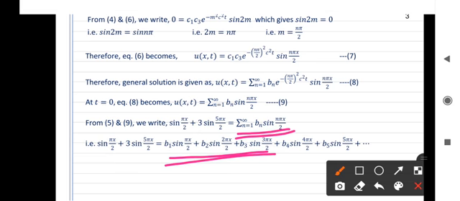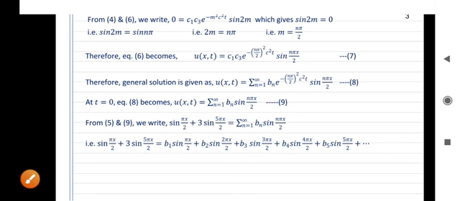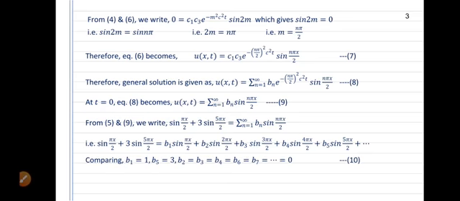Now if we compare LHS and RHS, first term we can get b1 equal to 1, second term on LHS and fifth term on RHS we get b5 equal to 3, but these terms are absent, so it indicates that b2, b3, b4, b6, b7, b8 and so on up to infinity are 0. So comparing LHS and RHS terms, we get values of b as b1 equal to 1, b5 equal to 3 and the remaining constants equal to 0.